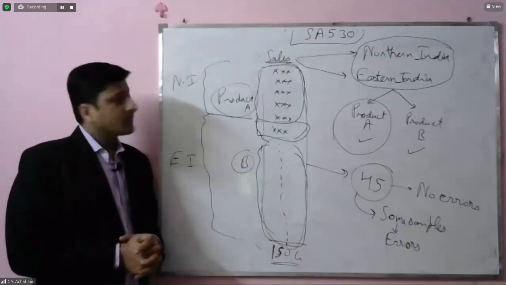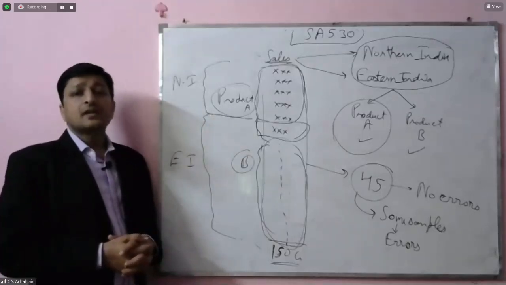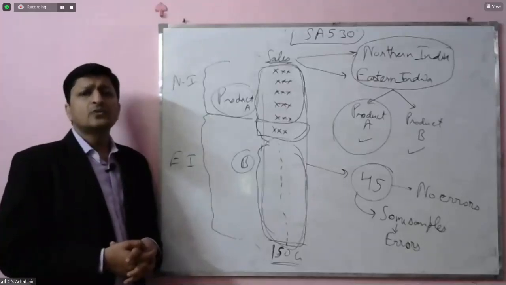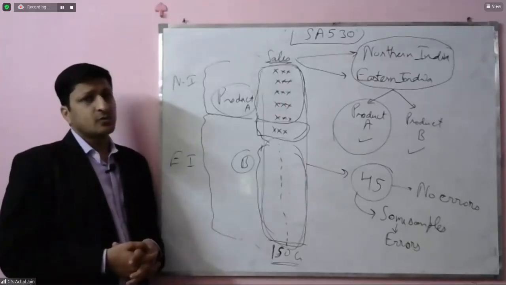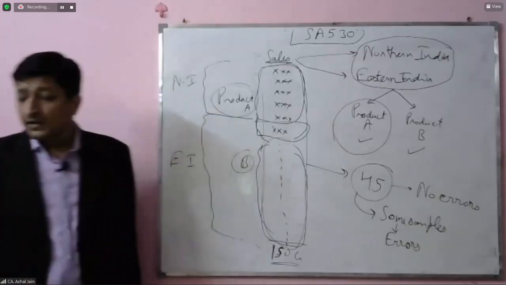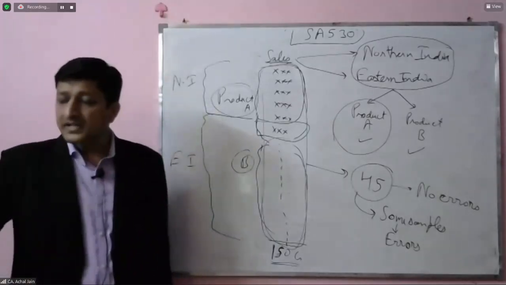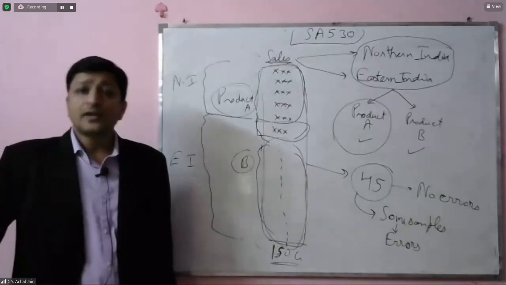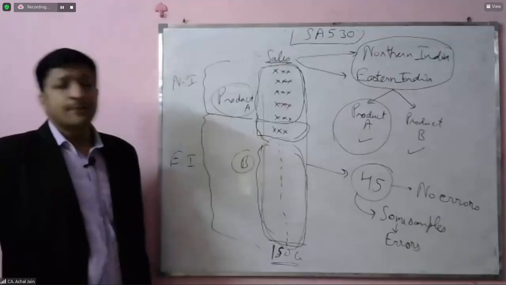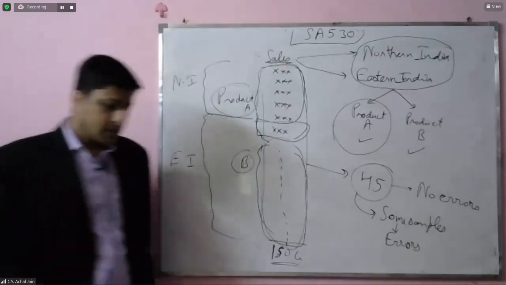Why? Because his comfort level has gone down by looking at only those samples and finding mistakes in those samples. Secondly, in respect of the misstatements that he would have found, the auditor may want to discuss with the management the impact of those misstatements.